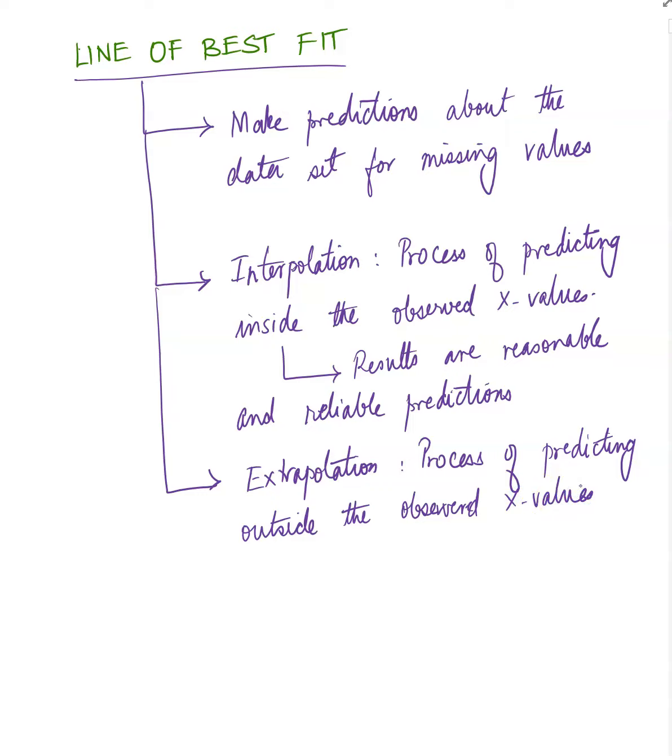And you can have two types of problems that come from this. You could have results that, because you're going outside the observed X values, could be less reliable but reasonable.